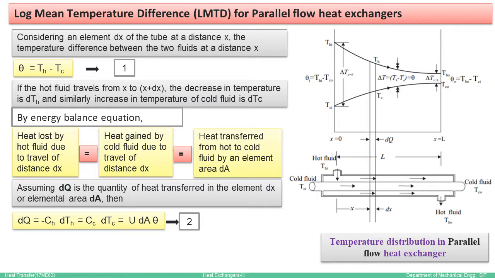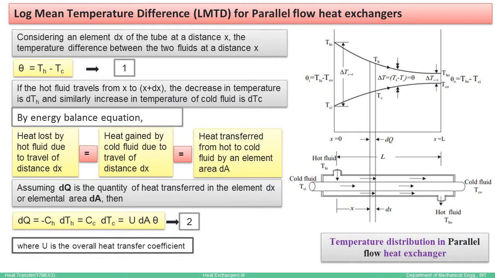So dq is equal to minus Ch into dTh, and that is also equal to Cc into dTc. That is, there is a temperature increase, so dTc will be positive, and Cc into dTc will be dq, which is again equal to U, the overall heat transfer coefficient, into dA, the elemental area, multiplied by the temperature difference at dx. This equation is termed equation 2.